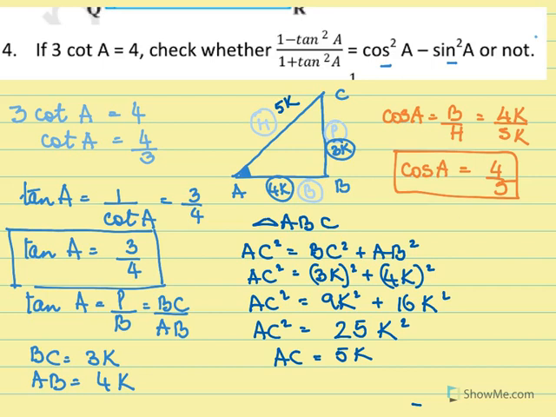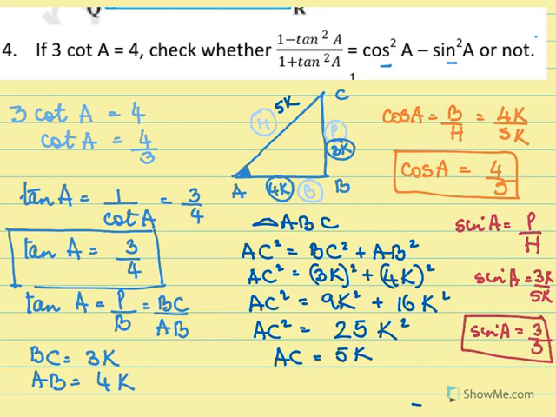Then we'll find the value of sin A. Sin A will be perpendicular over hypotenuse, and the perpendicular here is 3K, hypotenuse is 5K, so we have sin A 3 by 5. These two we will now substitute.